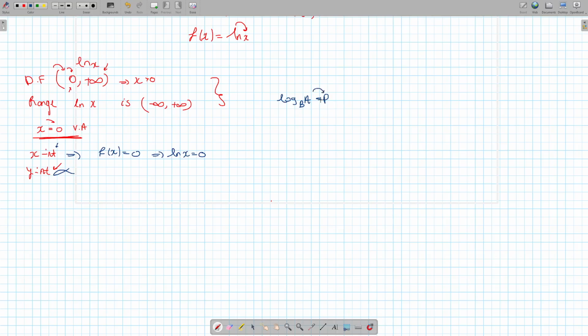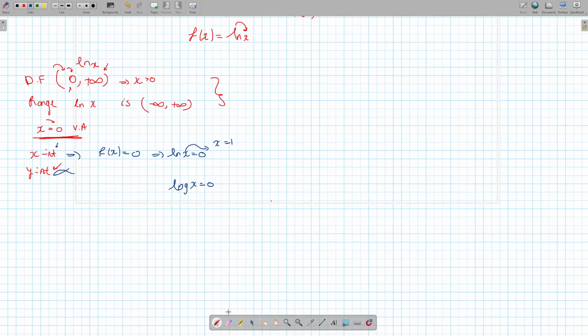Whenever you have log base answer equals 0, that means your power is 0. And whenever you have anything raised to the power of 0, what's your answer? 1. So anytime you see ln x equals 0 or log x equals 0, it will always mean that x is equal to 1.